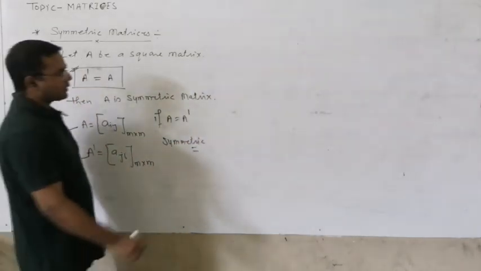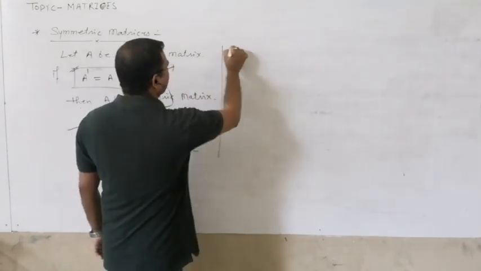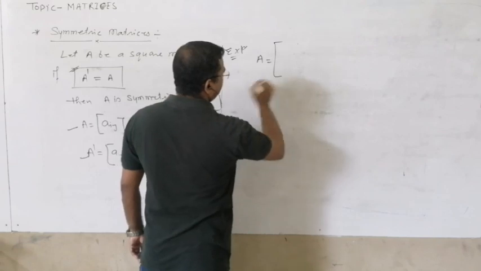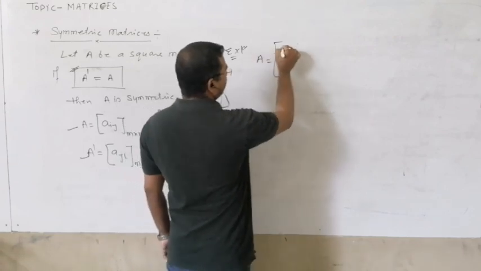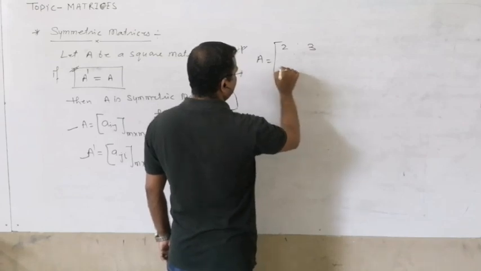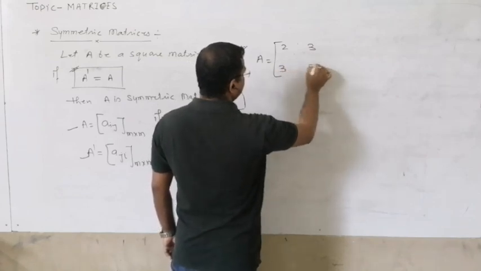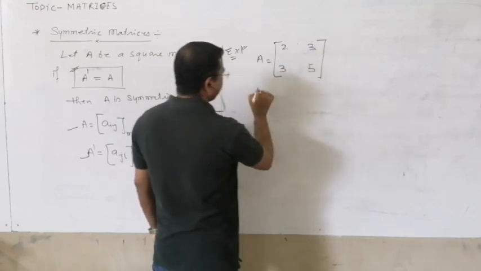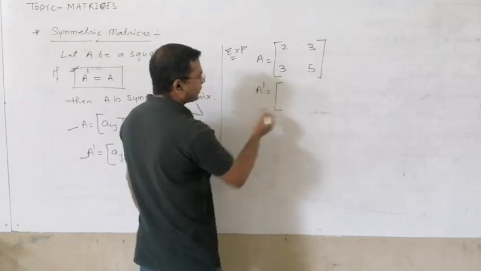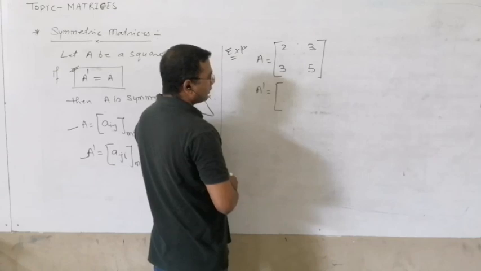One example we can discuss. See, there is one matrix I am taking here of order 2 by 2. Let it be 2, 3 and 3, 5. If I will find the transpose of this, then R1 I will change to C1.